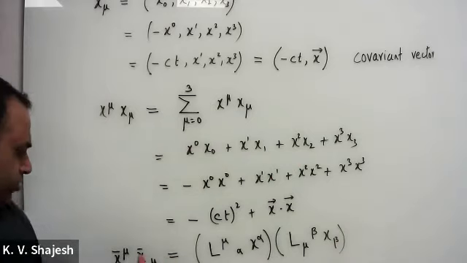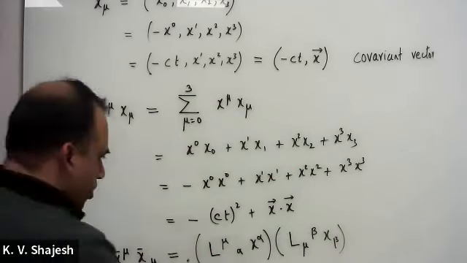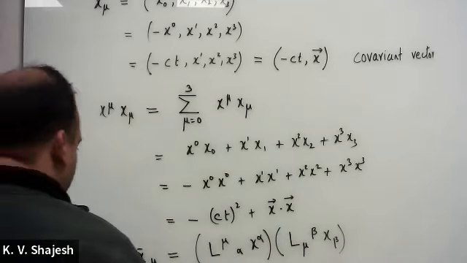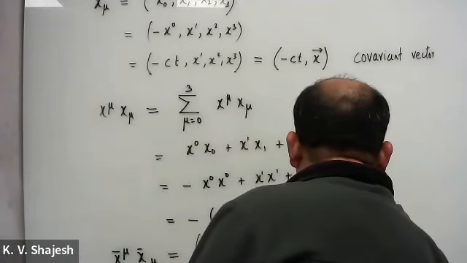Right? When you transform x to x bar, this goes away. I'm not going to explicitly do this. We have done this for one dimension before. This is exactly equal to x mu.